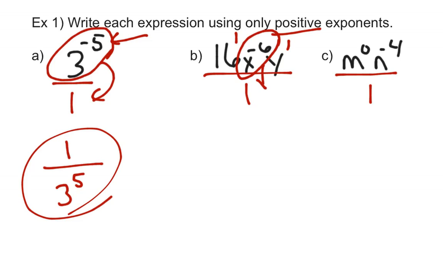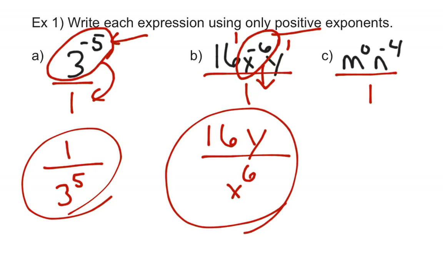That's the one that needs to be moved, so let's move it downstairs. So the only thing we move is the base that has the negative exponent on it, and that -6 as an exponent, when I move it downstairs, becomes a +6. Everything else, the 16 and the y, gets left alone. It doesn't move because it's already happy. It's already positive up there. So this becomes 16y over x to the 6th power.